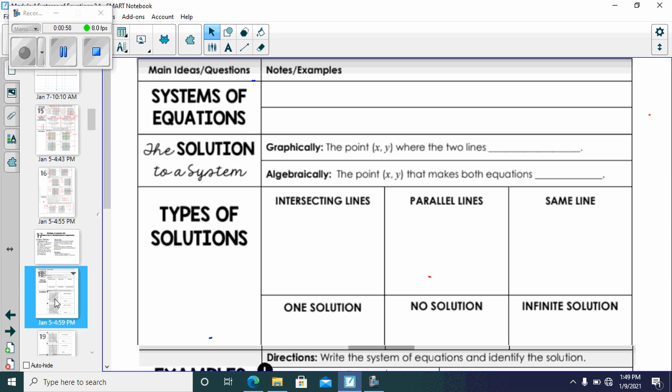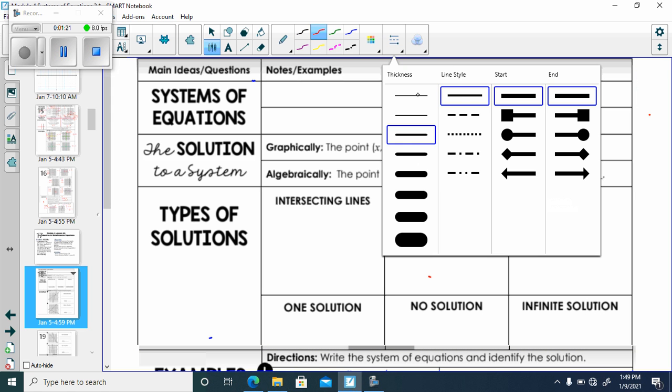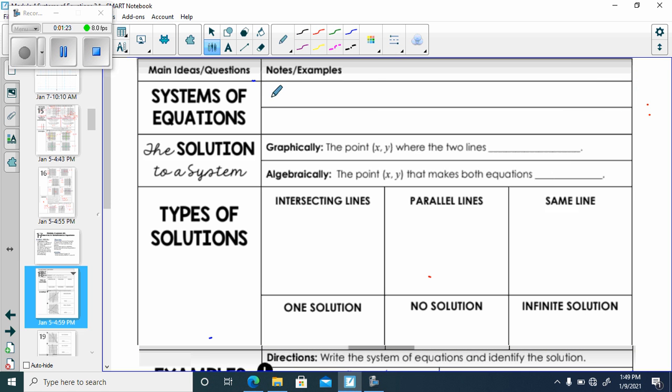Let's get some terms down. Systems of equations. When we're talking about systems of equations, what are we actually talking about? In this case, we're talking about two linear equations. Now that could be more than two, but for what we're doing right now, we are talking about two linear equations, okay?